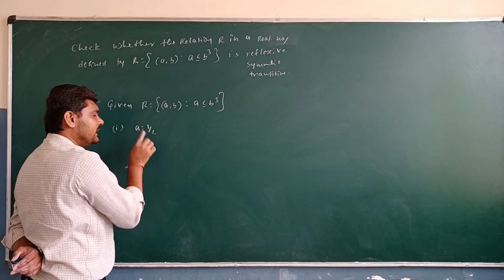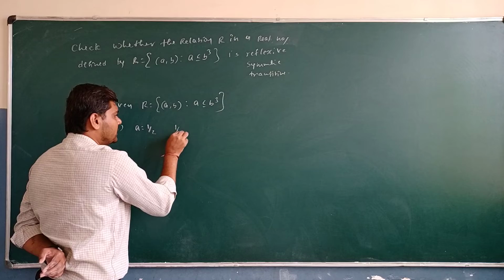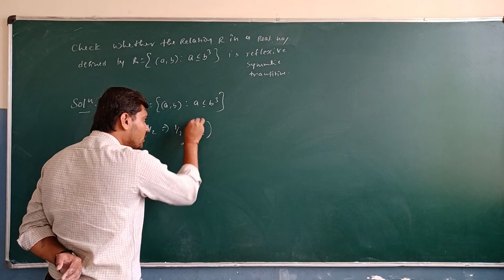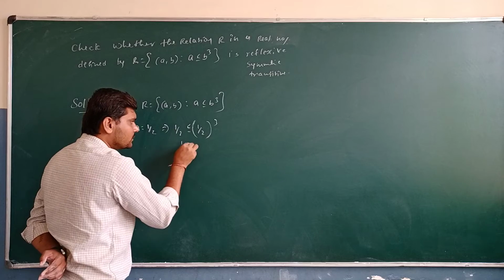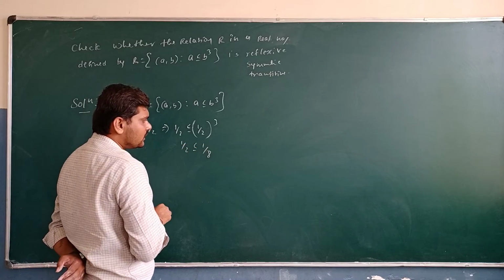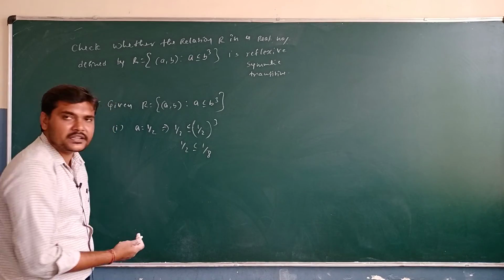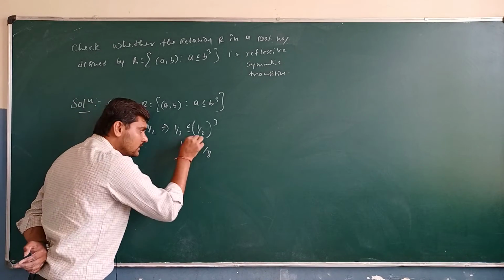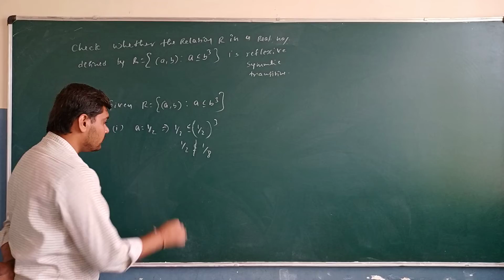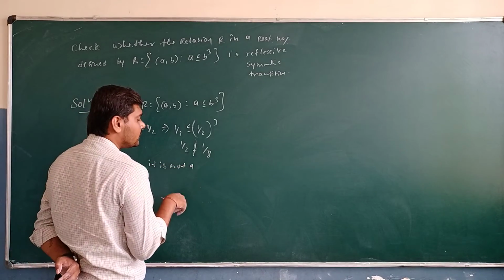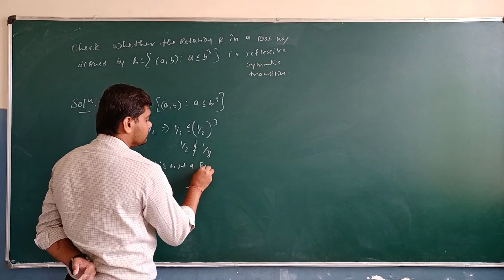So 1 by 2 is less than or equal to (1 by 2) whole cube. Here (1 by 2) whole cube is going to be 1 by 8. Is it going to obey the property here? 1 by 2 is never less than or equal to 1 by 8. So we can say that it is not reflexive.